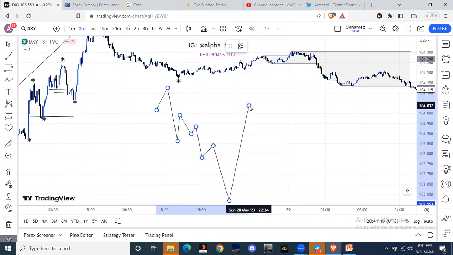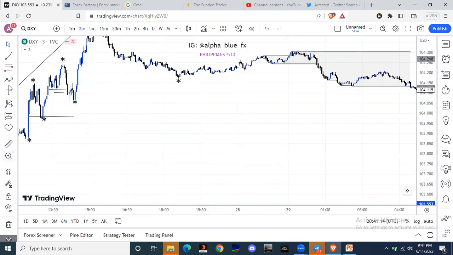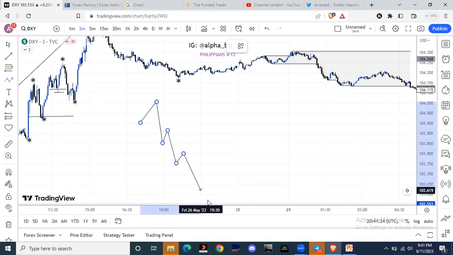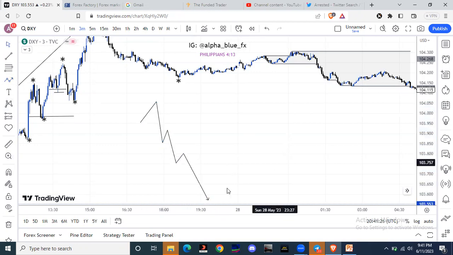This isn't the best. Let me draw another one. So we have something like this. Price is moving like this, right? So this is price movement.